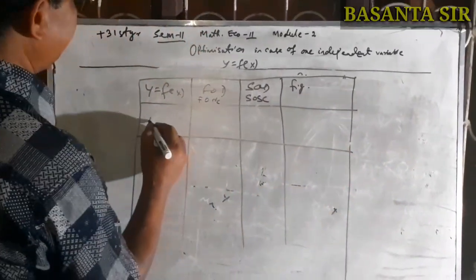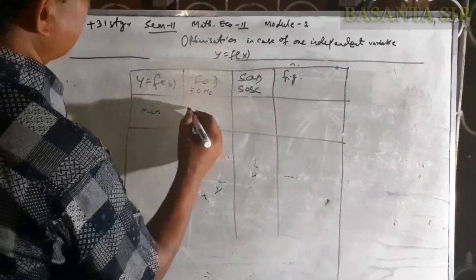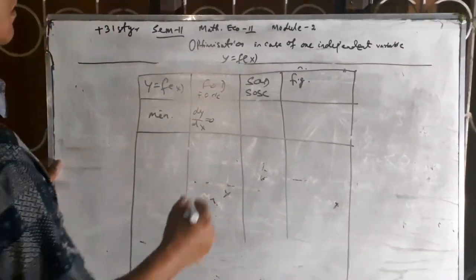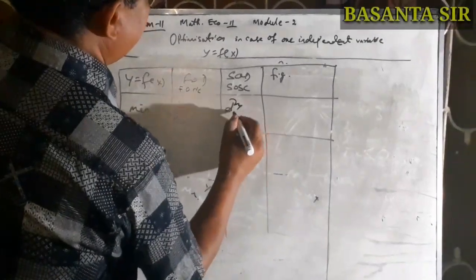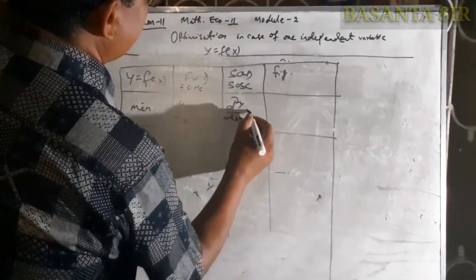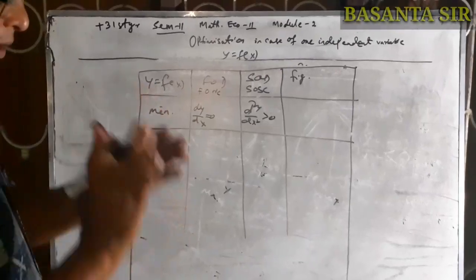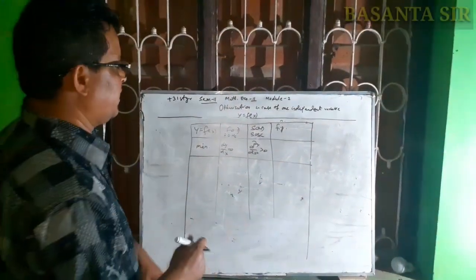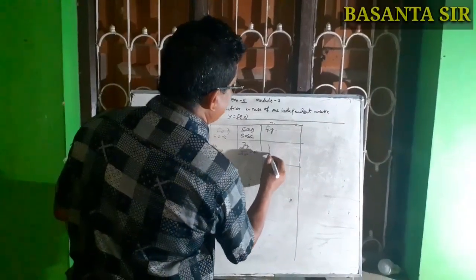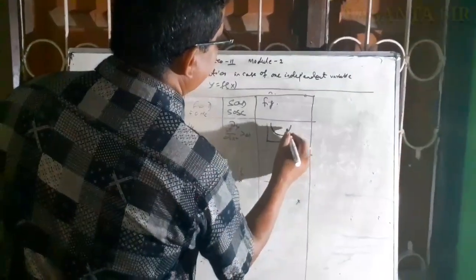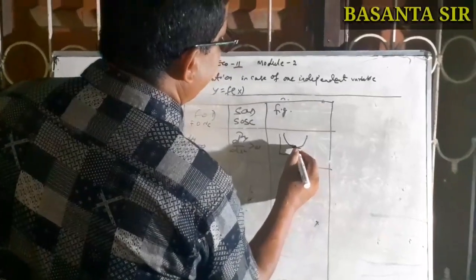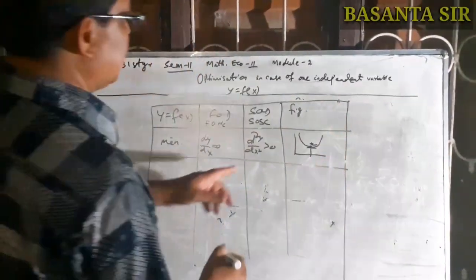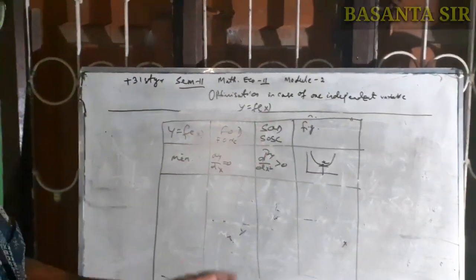Now if we find a minimum, the first order derivative equals 0 and the second order derivative will be greater than 0, because at the minimum point all the points are above the minimum point, and the figure will be like this. Look at this. Any point other than this point is rising. That is why the second order derivative is greater than 0.